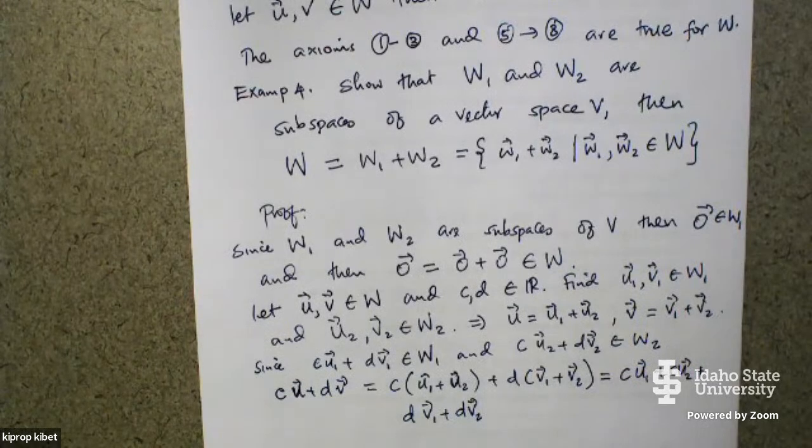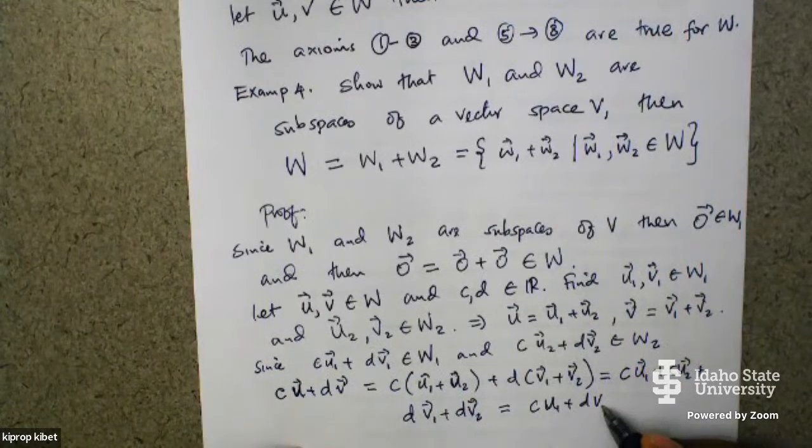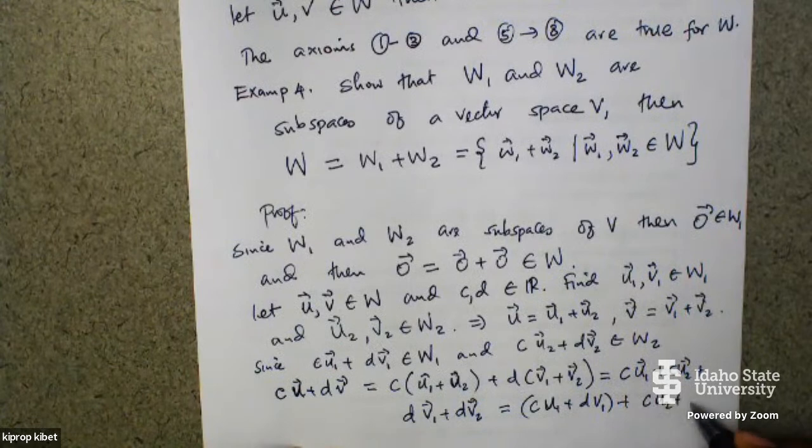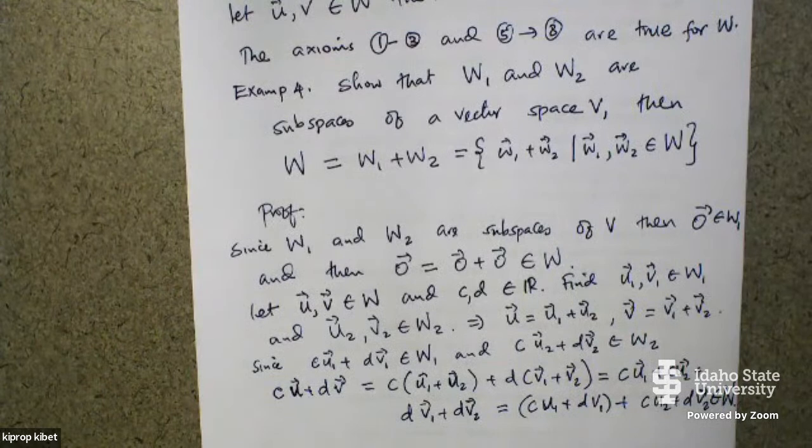Then we can collect those terms: (cu1 plus dv1) plus (cu2 plus dv2), and we realize that these are in W. So therefore, using the subspace test, this is actually a subspace of the vector space.